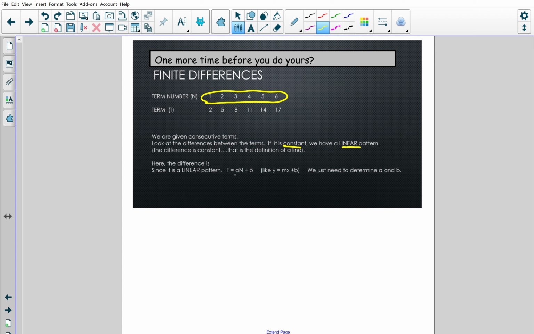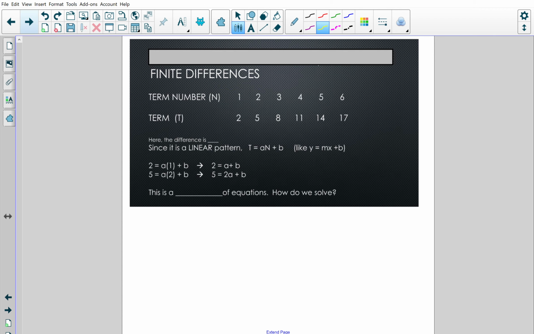So you have something like this, ax plus b, okay? And then you just determine a and b by putting points in. So you can put 1, 2 in and 2, 5 in, get a system, okay? And you can solve it any way you want to.